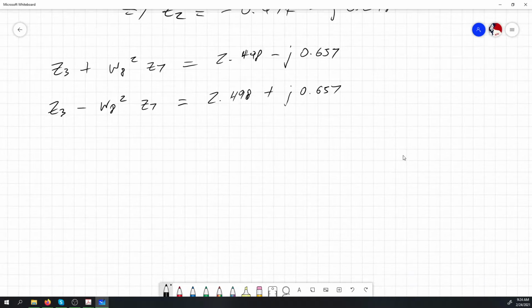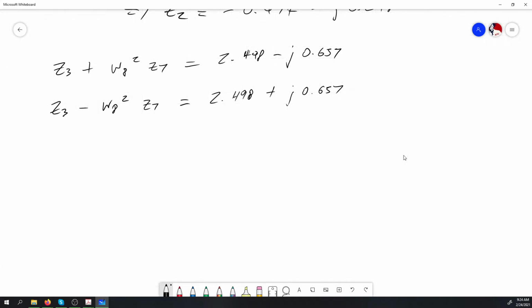So then we can do the same thing as before, where we just subtract equations. So we get 2 W8 of 2 Z7 equal to 2.48 will cancel, and this here will just become twice that of the j value.